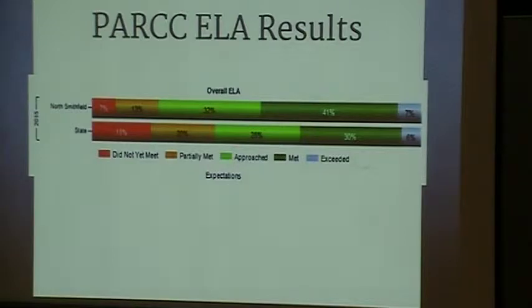We have 48% of our students that met or exceeded the standard. That's typically what we talk about for North Smithfield for English Language Arts: 48% of our kids met or exceeded the standard. And we were above the state average, which, as you can see, was about 36%.